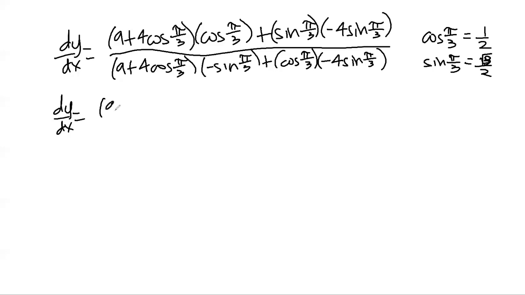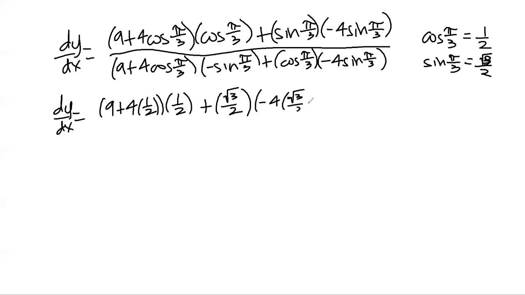So 9 plus 4 times 1/2 times 1/2 plus square root 3 over 2 times negative 4 square root 3 over 2 for the numerator.